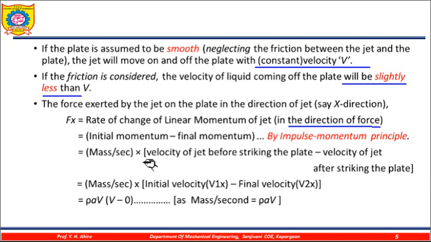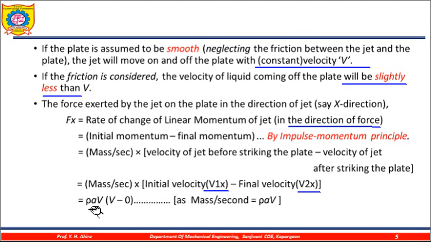Mass per unit time is taken constant. So Fx is equal to mass per second into initial velocity, the velocity of jet before striking, which we call V1x, minus final velocity, after striking the plate in the direction of the jet, which we call V2x.